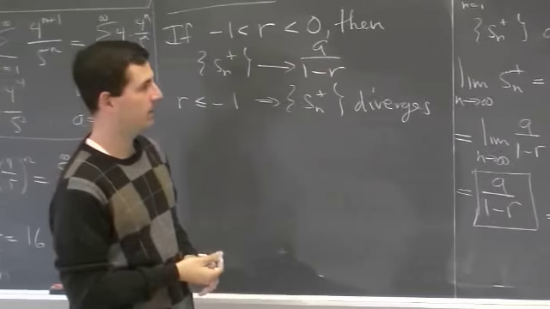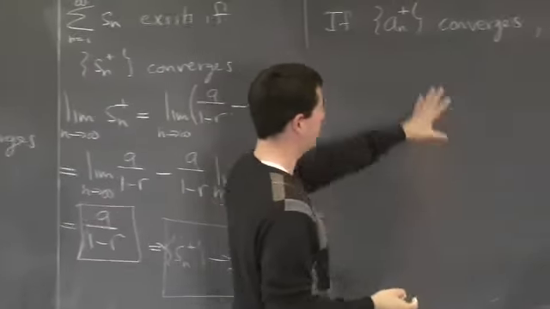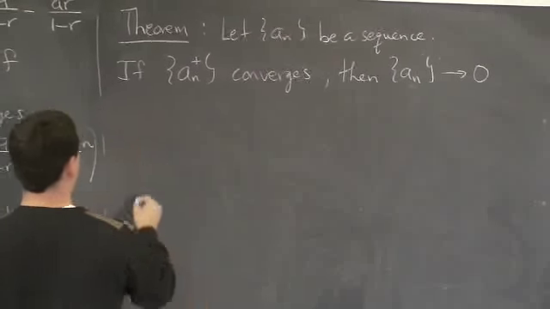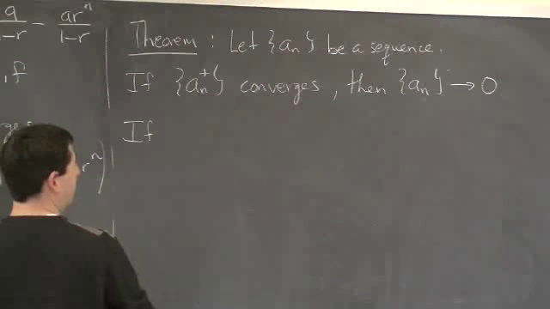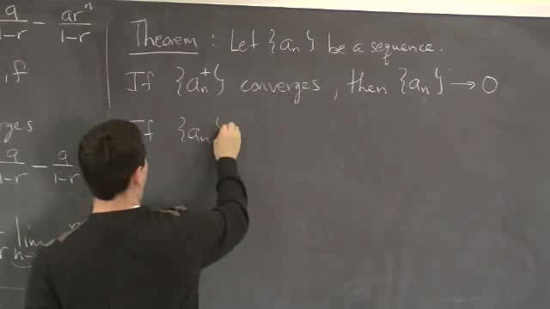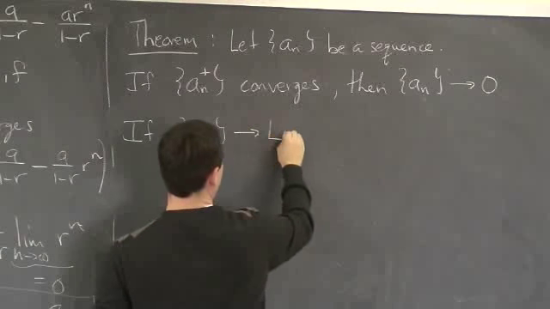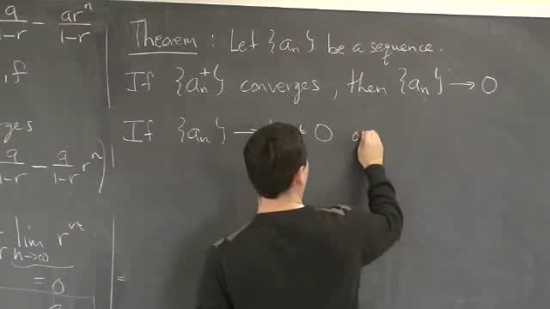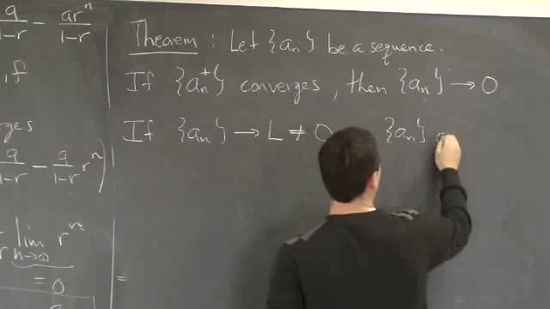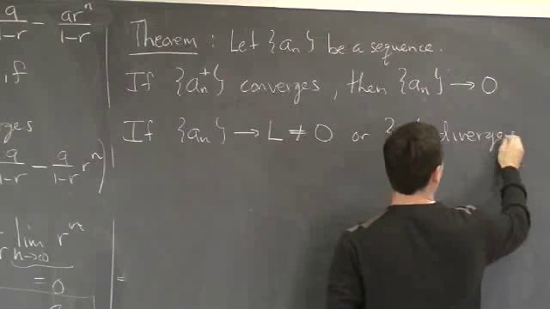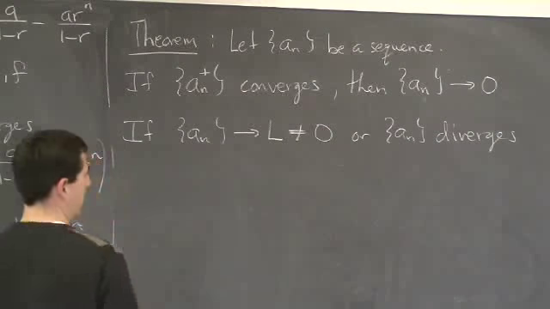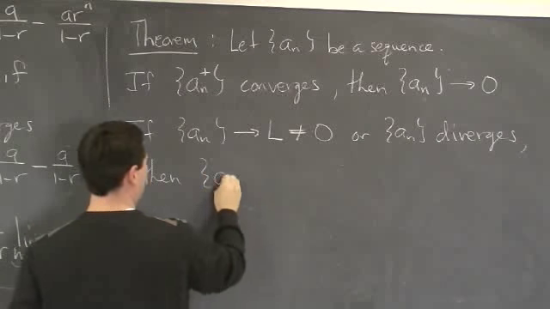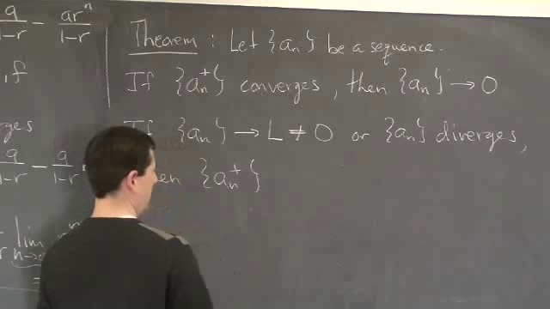That's the point. Okay. So another way to state this theorem, there's nothing new. This is actually equivalent to this. If a_n converges to L not equal to 0, or a_n diverges, then the sum sequence diverges.